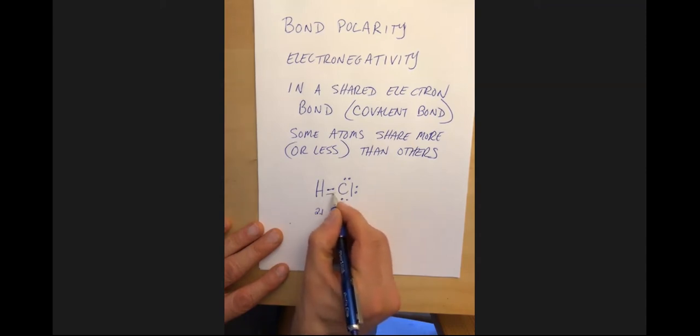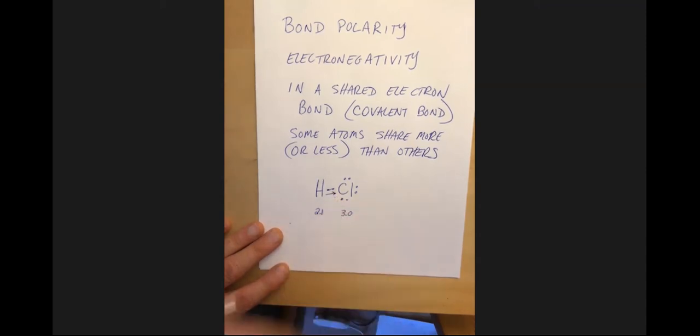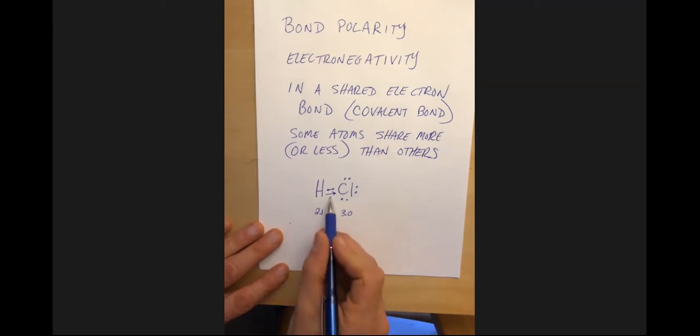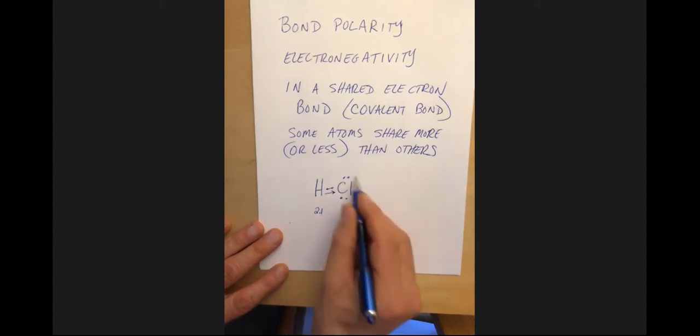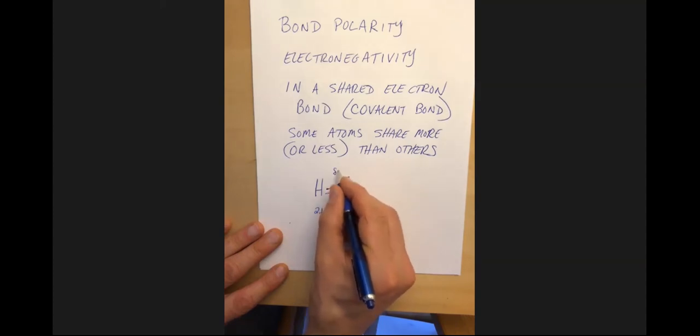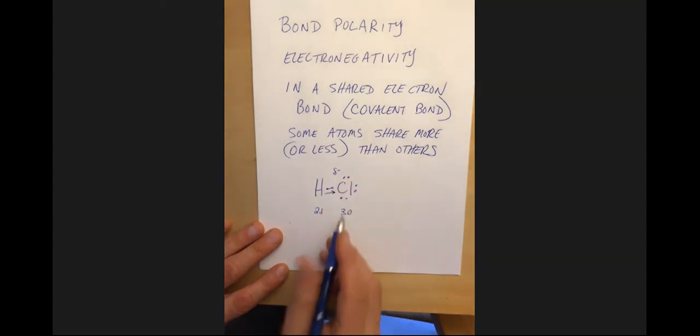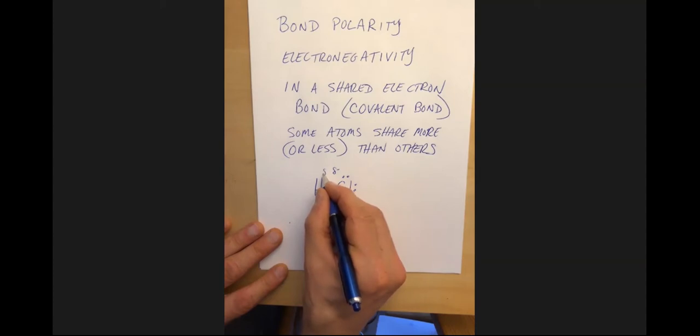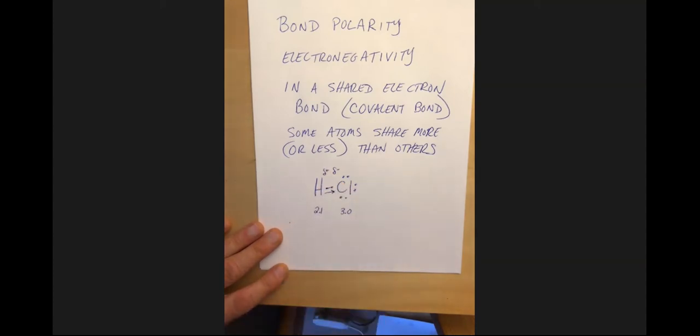They spend more of their time over towards the chlorine. And so this bond doesn't have equally shared electrons. As a result, overall, we would say that this bond is slightly negative at the chlorine end, and slightly positive at the hydrogen end.